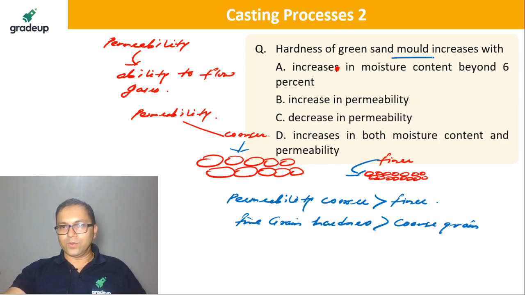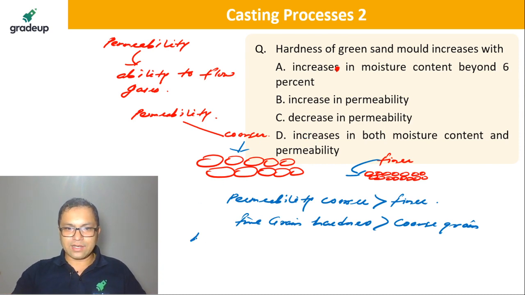So what is the meaning of that? Coarse grain, obviously, will have more permeability, right? Coarse grain will have more permeability, but which one is harder here? Finer grain is harder here, right?